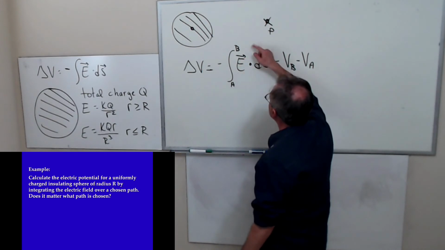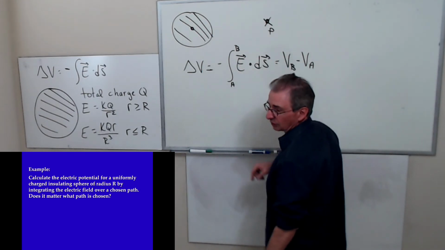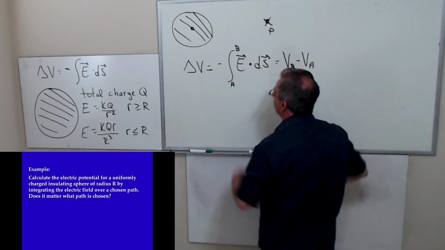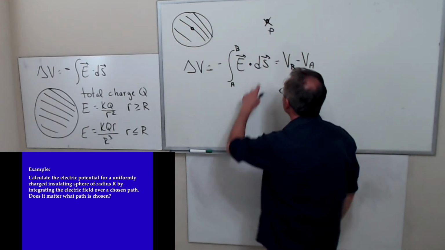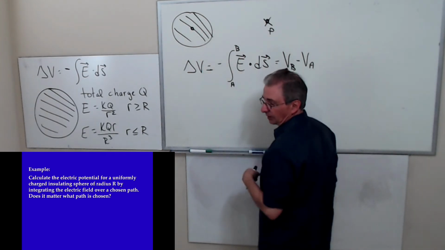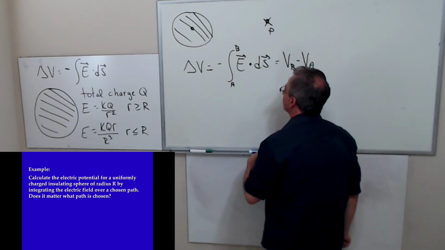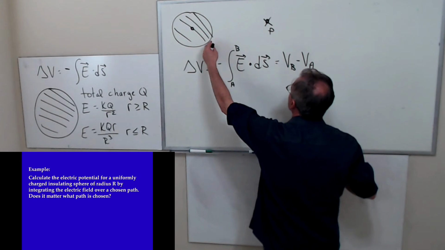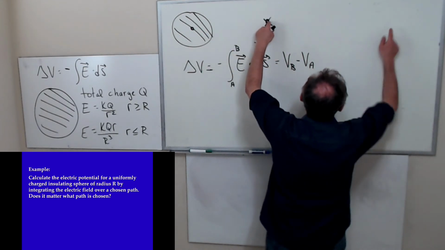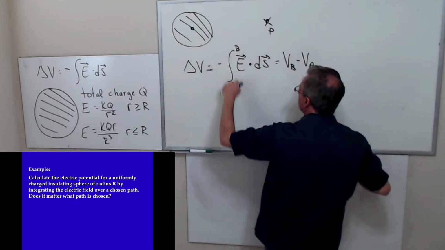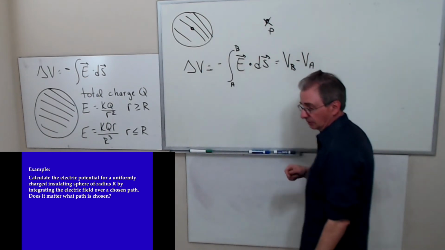These limits will tell me whether I'm going inward or outward, because if I do it twice, I'm going to get two negative signs. Whether I integrate from here to here or from here to here is determined by how I put the limits here.